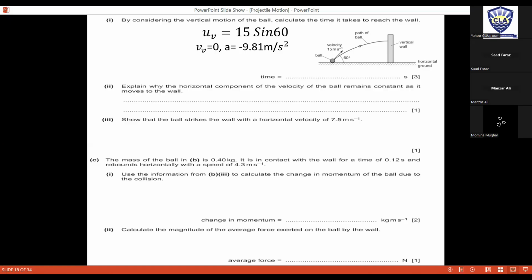Vertical height will be governed by the vertical component, which is 15 sin 60. Final velocity will be 0. Acceleration will be minus 9.81. So t will be equal to v minus u over a. We use this formula, and my answer comes out to be 1.3.